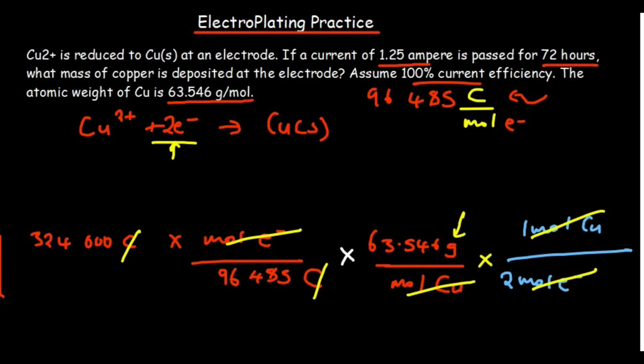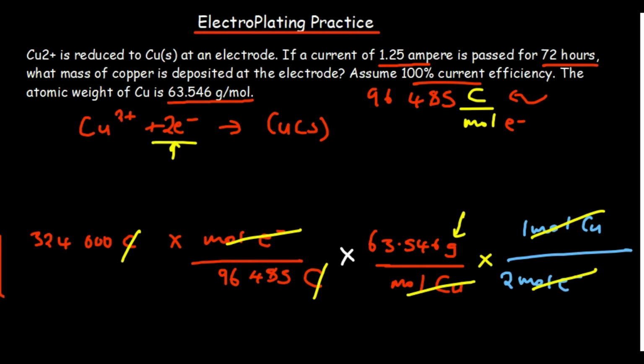So if I grab my calculator there, beginning with a charge 324,000, divided by, first, okay, let me multiply first of all by 63.546, and then we divide by what's on the bottom.